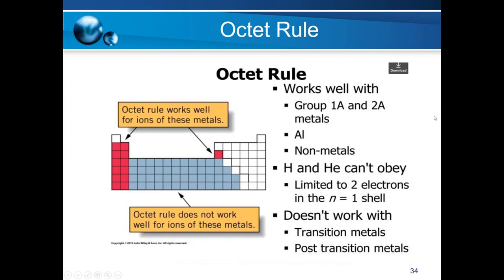The octet rule works well with group 1 and 2A metals, aluminium, non-metals, while hydrogen and helium cannot obey because they are limited to 2 electrons in the n equals 1 shell, and it doesn't work with transition metals and post-transition metals.